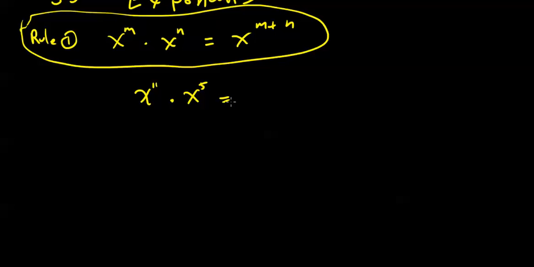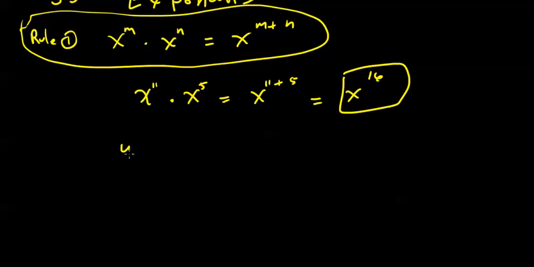If you've got 11 factors of x multiplied by 5 factors of x, you'll have in total 16 factors of x. So I can apply Rule 1 and say it's x to the 11th plus 5th power, and that's x to the 16th power.